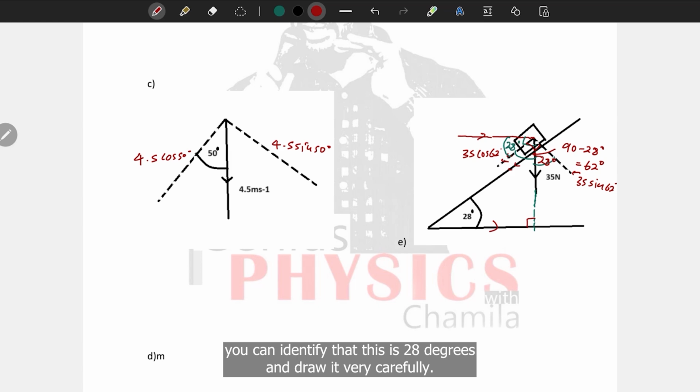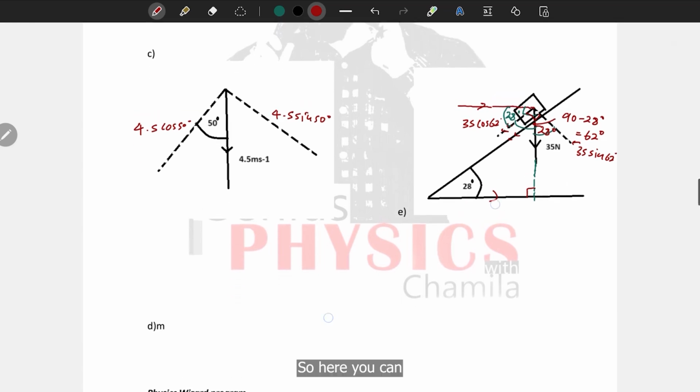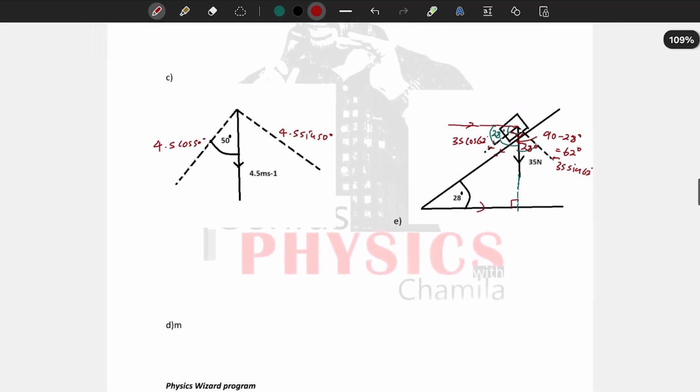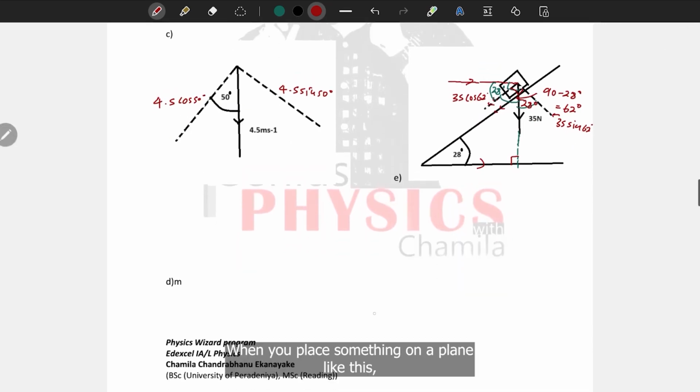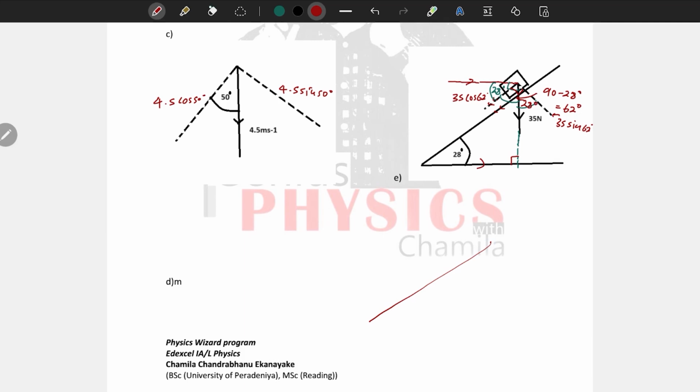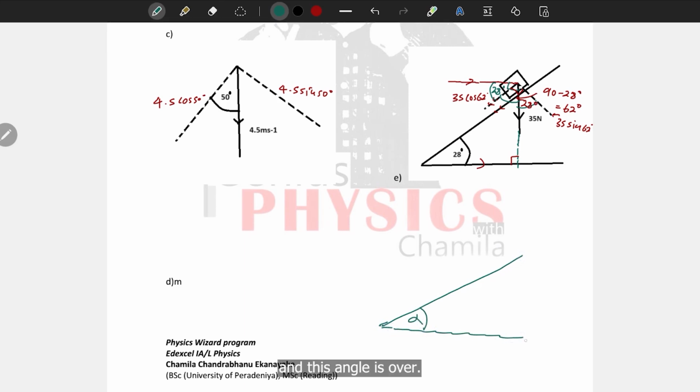I draw it very carefully. So here you can identify something very important. When you place something on a plane like this, no matter what the object is, imagine there's a plane and the angle to the horizontal is alpha, and you place a particular object on the plane.